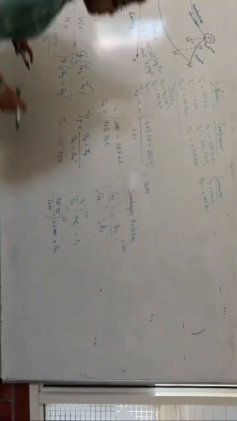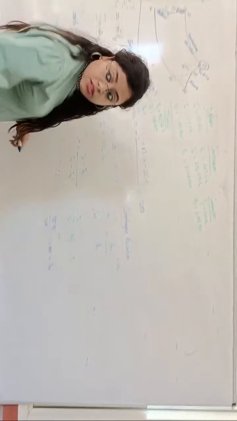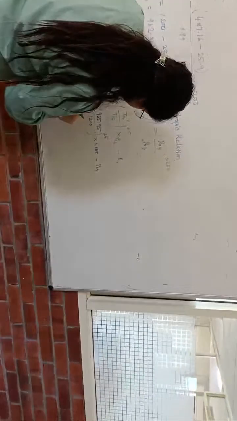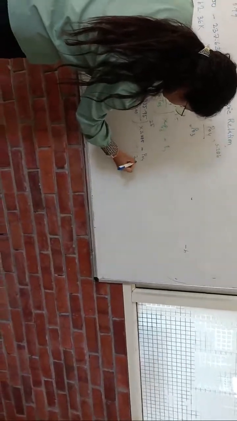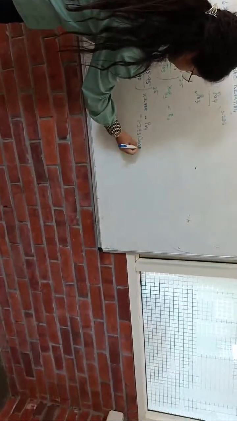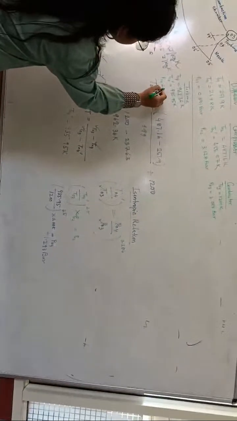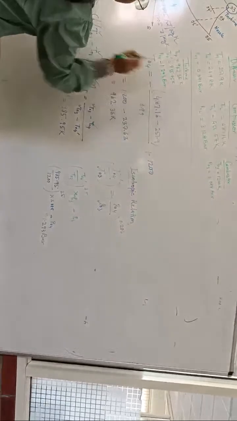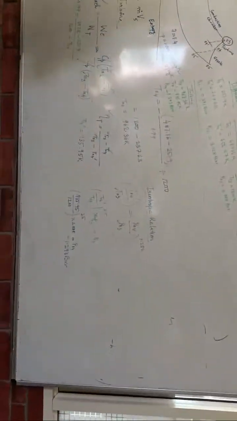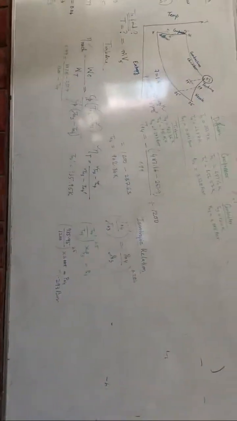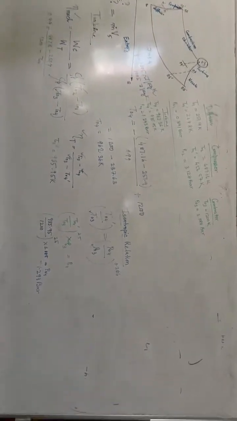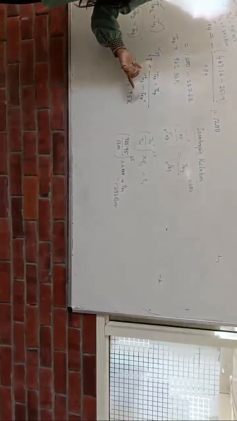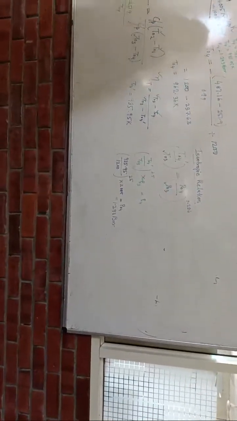So solve this problem. You will get 1.293. So this answer is 1.293 bar. So it's clear? So turbine, how have we solved? We have solved again with the same procedure. It's not mandatory which one you take first. You can take vice versa also.